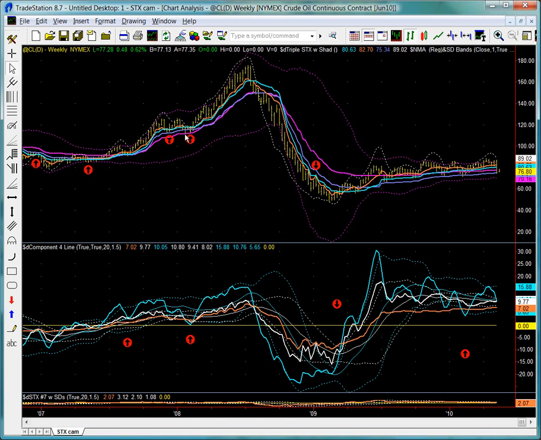By the way, those had been discussed previously in the STX analysis as being locations where you were getting those 1 bar violations of the slowest of the STXs. And note how well the NMA itself was holding support at that location.